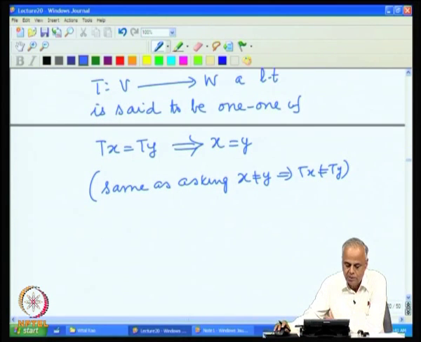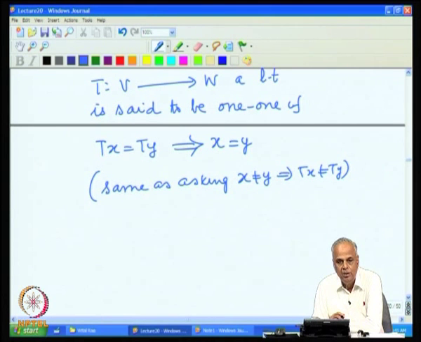So, different fellows must have different images. Such a linear transformation is called a 1-1 linear transformation.